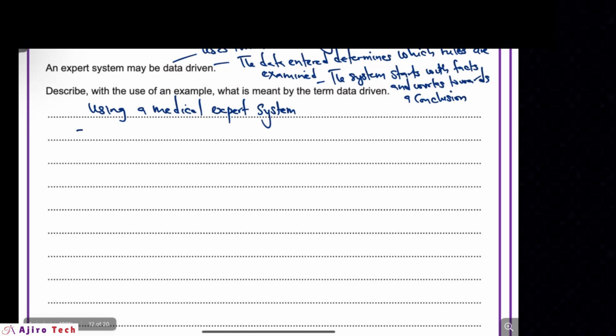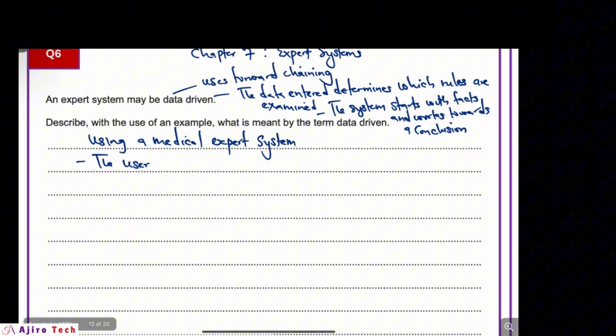The way the expert system works, we have the user interface, the inference engine, and the explanation system. It goes directly to the knowledge base that has the rule base and everything, right?